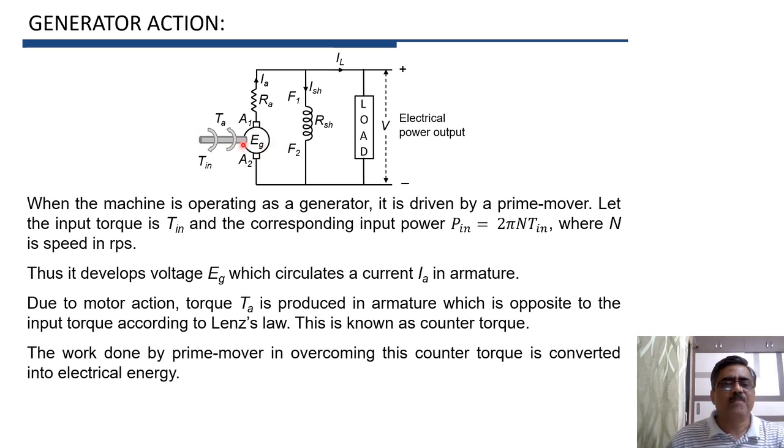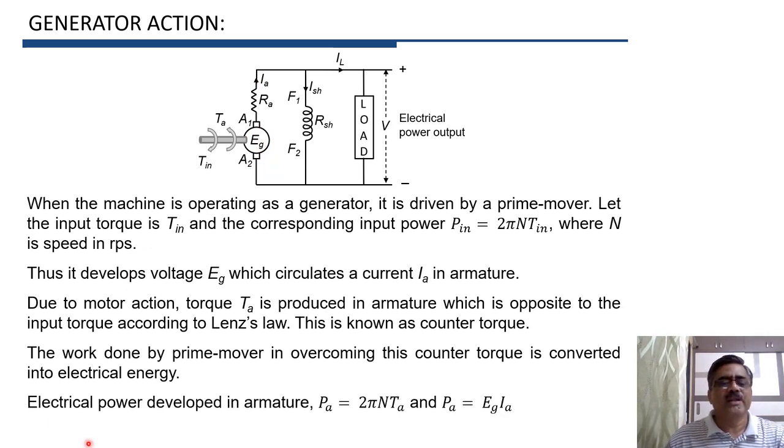Now what is the power developed in the armature? The voltage developed in the armature is EG, and the current through the armature is IA, and therefore the electrical power developed in the armature PA is equal to EG into IA. And again PA is equal to 2 pi N TA.